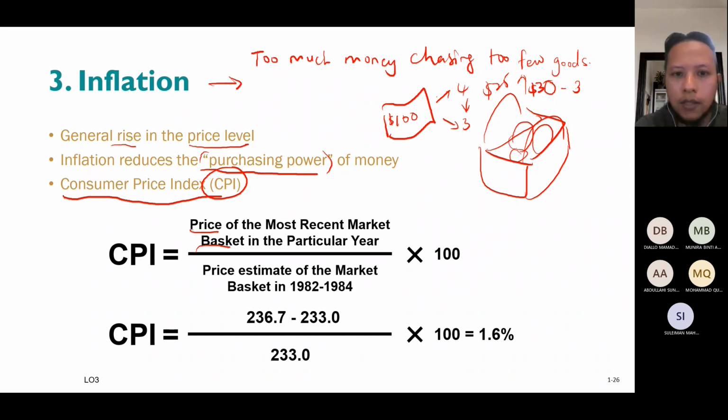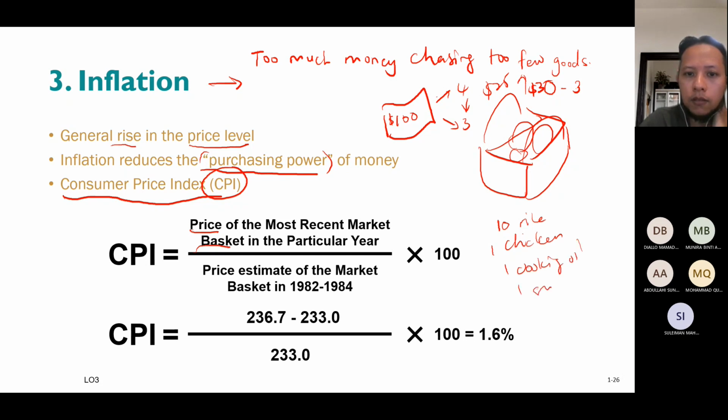Let's say they take 10 kilos of rice, and then they take one chicken, one cooking oil, one sugar. Just for example.